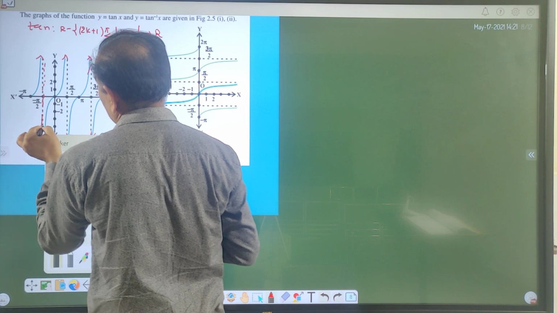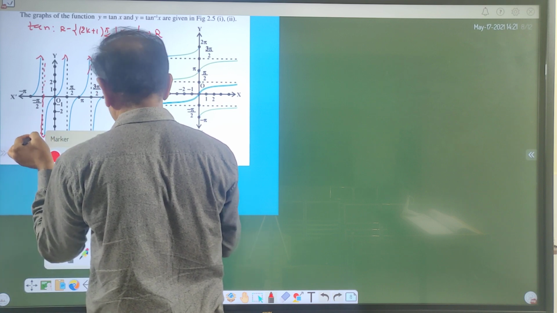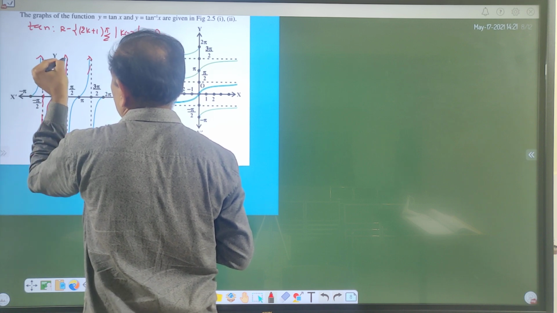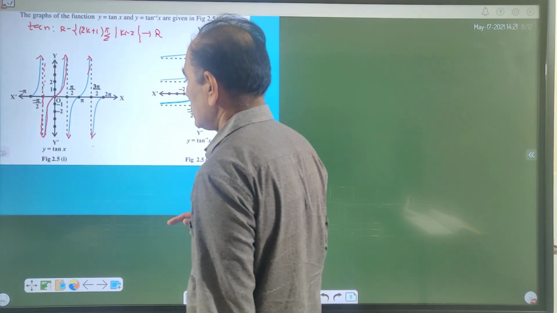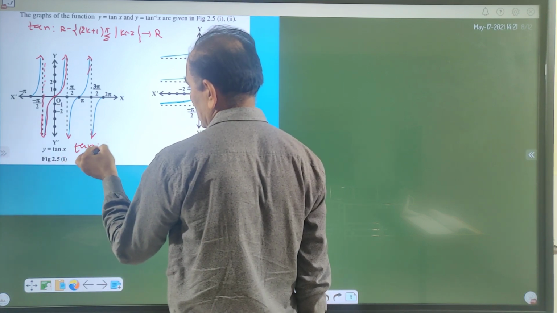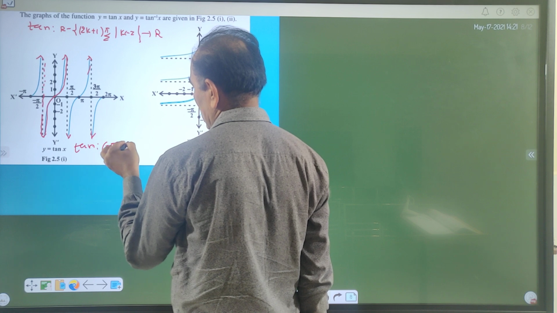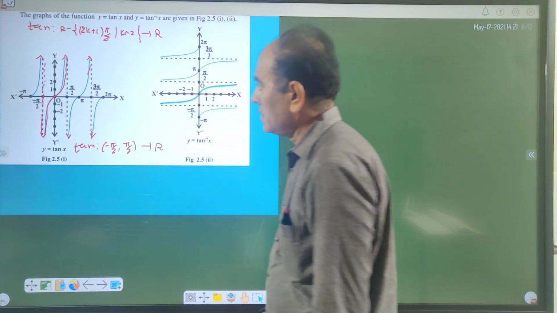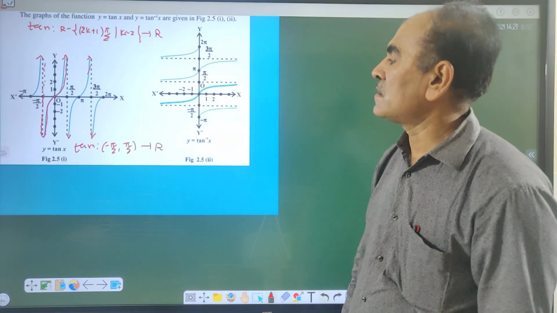Now you can see that for this part it is 1-1. So if we restrict the domain of the function to the open interval minus pi by 2 to pi by 2, to R, in that case that function is 1-1 and onto.